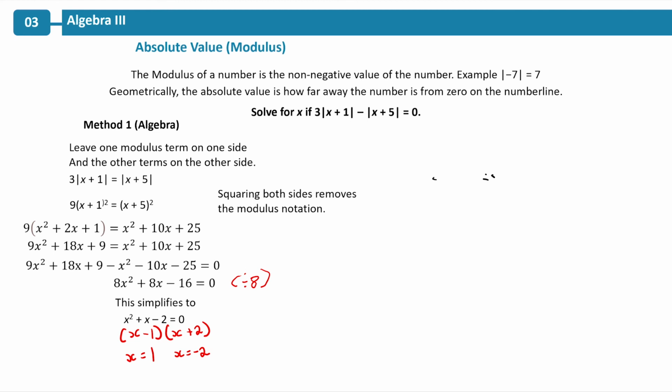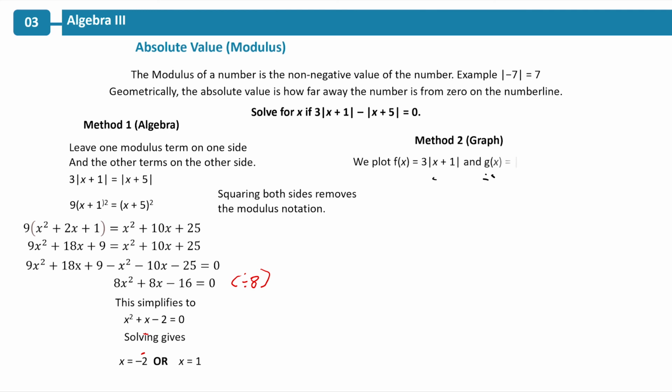Our other way to solve for our values of x is using our graphical method. We plot f of x is equal to 3 times the absolute value of x plus 1 and g of x is equal to the absolute value of x plus 5.